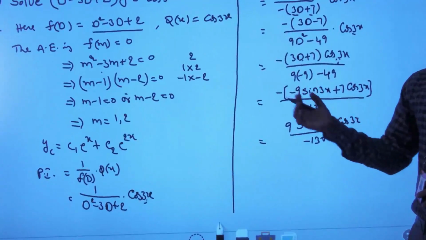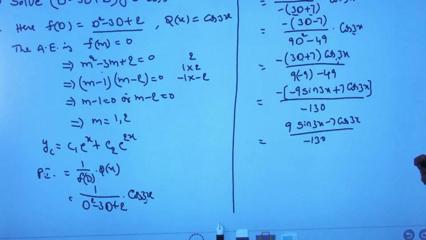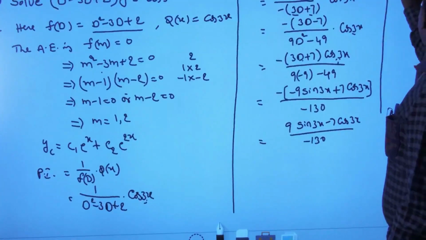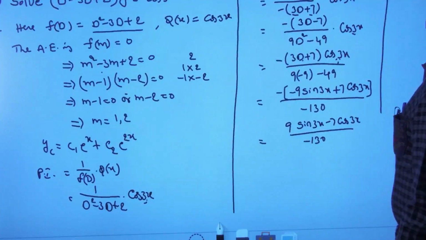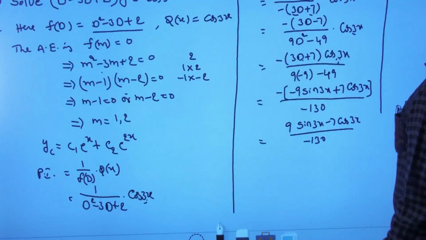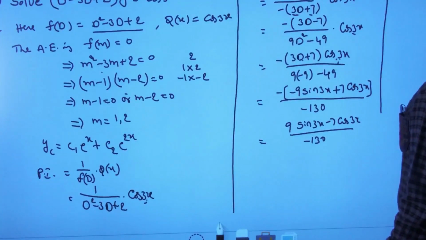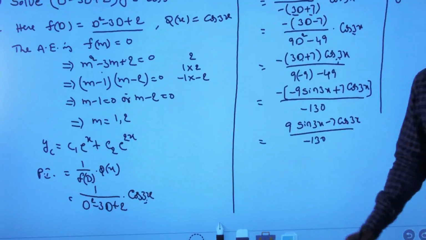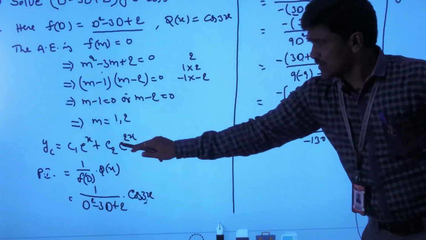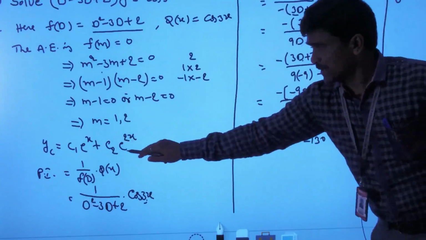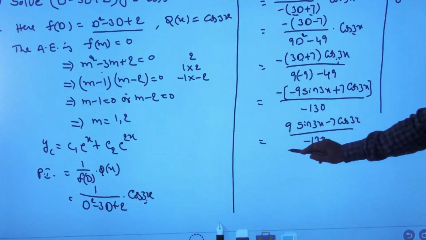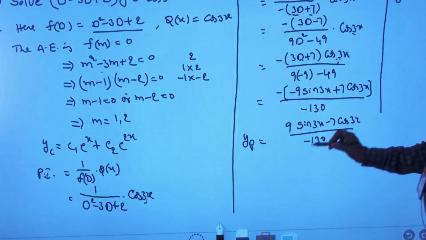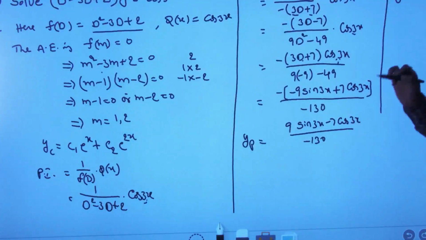Now what is the general solution here? The general solution is y is equal to yc plus yp. Now what is yc? Here yc is c1 e power x plus c2 e power 2x, and the particular integral yp is 9 sin 3x minus 7 cos 3x by minus 130.